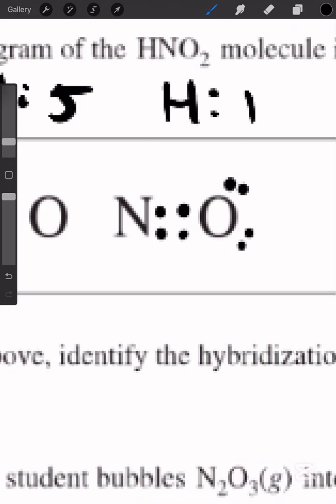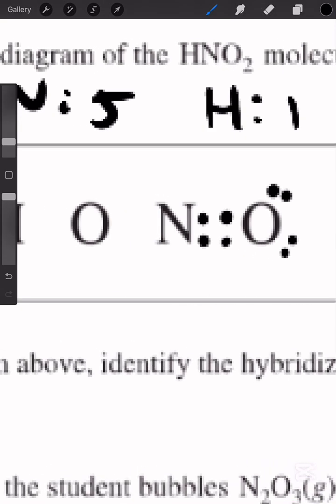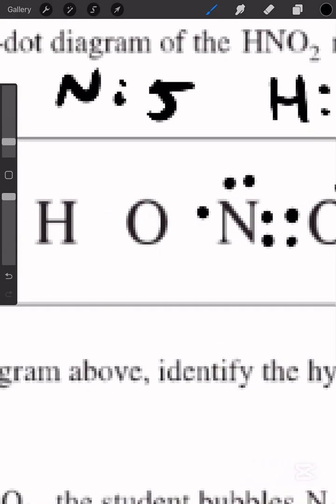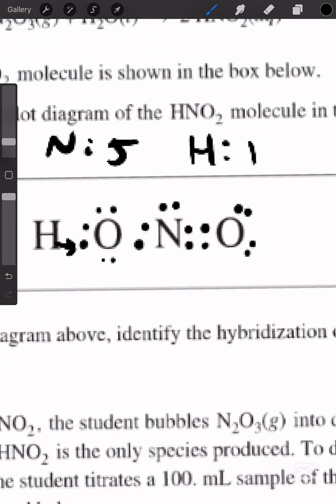And then just arrange them so that they have different bonds, and be sure that you end up showing the lone pairs. For this one, nitrogen would have a lone pair on the top, and it has a double bond to the oxygen on its right, and a single bond to the oxygen on its left, while the oxygen would just have one bond to the H on the left.